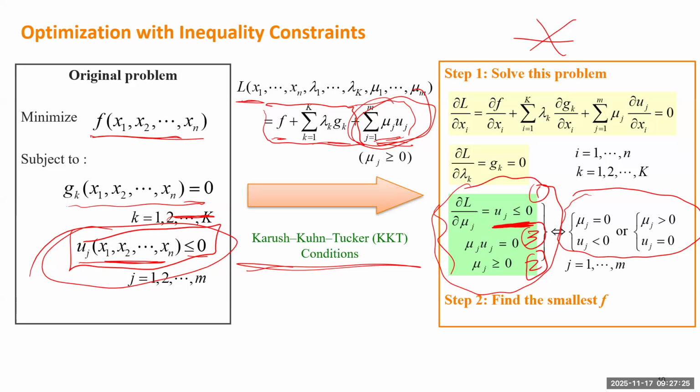But believe me, the KKT conditions are very important if you really want to create a very general code. In this class, if you don't fully understand the KKT conditions, you can check scenario 1 or scenario 2 to make sure you cover everything. That's totally fine.